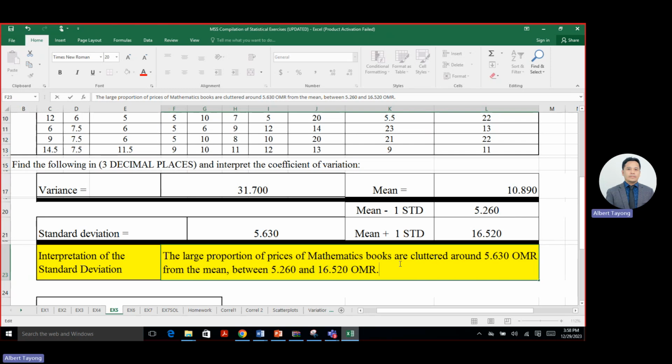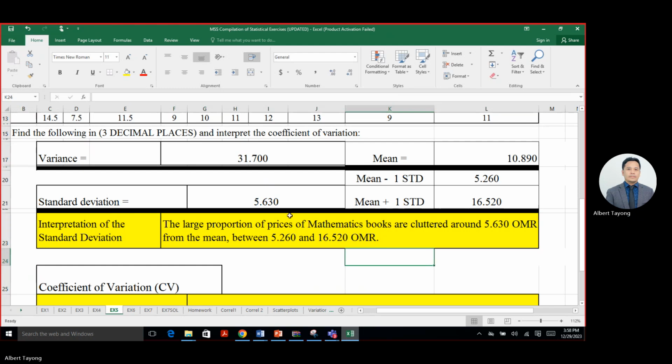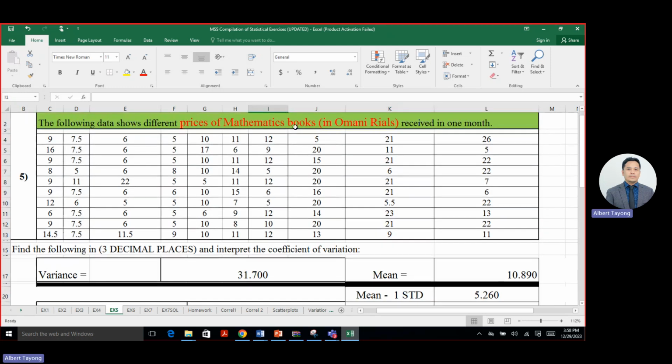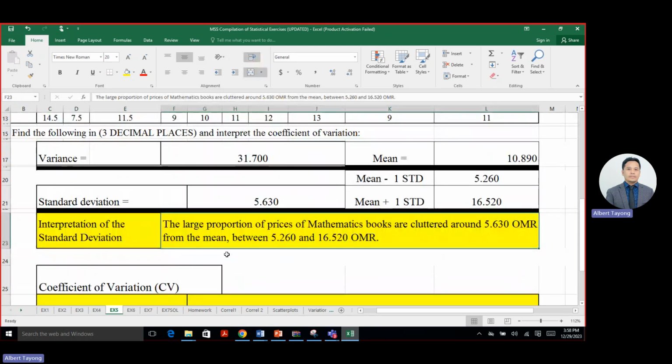So the large proportion of the prices of mathematics books mentioned here are clustered around 5.630 from the mean, between 5.260 and 16.520.